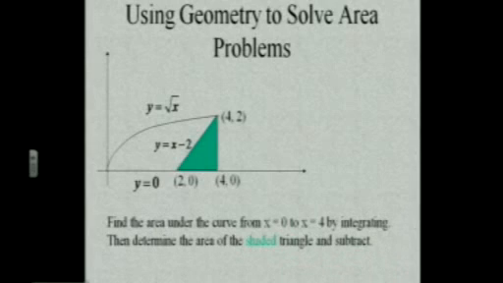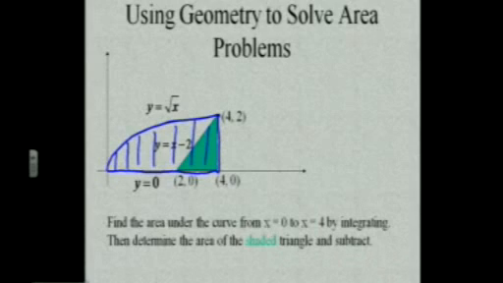Now the problem might actually be to find the area from 0 to 4 underneath the radical. And that would be this region, which is not that hard to set up. We've done this before, actually. From 0 to 4 under the radical x dx.